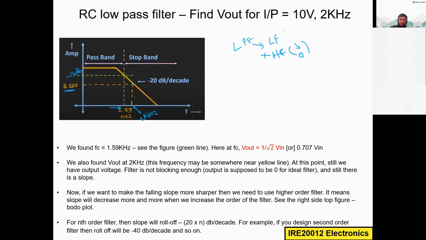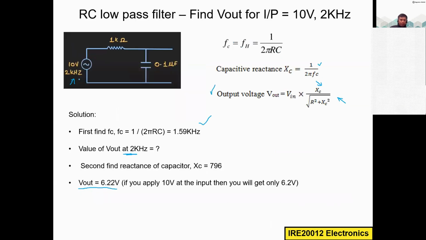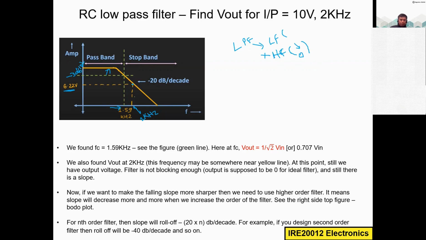At the low frequency, we need to have the maximum output. This is the maximum output, this is the 10 volt, since we are applying 10 volt here. But as we increase the frequency, the output should go down or become 0.